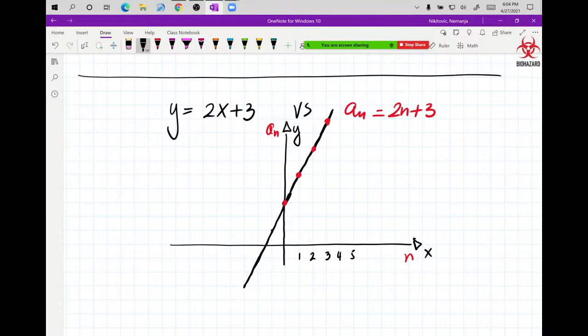So when you have to graph the sequence, think of a graph of the function actually, then draw the same thing, and just leave the points, the red points. Now if I go in and erase the black line, all I would have are just the red points, which is the graph for my sequence.